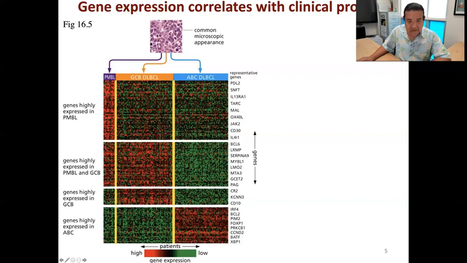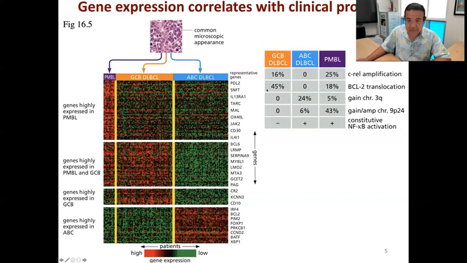The GCB has high expression of these two middle groups, and the ABC has high expression of only this bottom group of genes, and then the other ones are either low or a little more ambiguous up here.